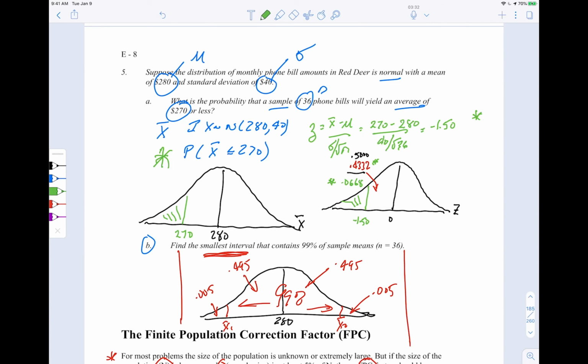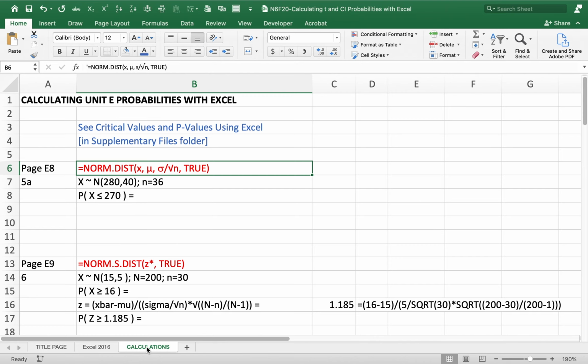So let's go back now over to here and show you how you would use the norm.dist function. So we've seen the norm.dist function before in Unit N, but in Unit E, what we're using here is an x bar value, and then a mu, and then sigma over the root of n, and then true.